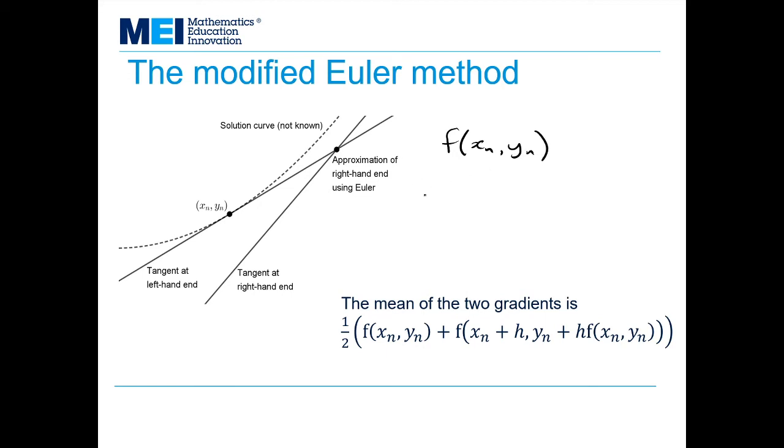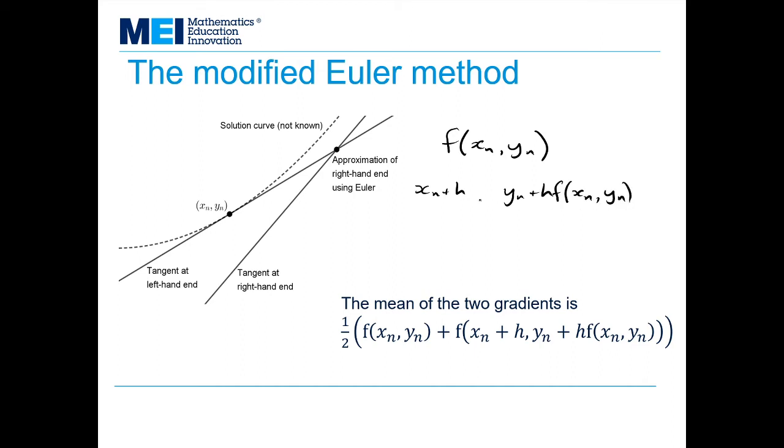Then for the right-hand end of the gradient, we don't know what this point actually is going to be, so we use the approximation to the point, which was to have my x-coordinate as xn plus h and my y-coordinate to be yn plus h times f of xn yn.